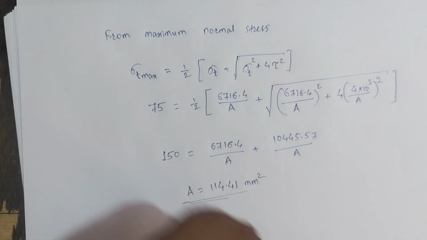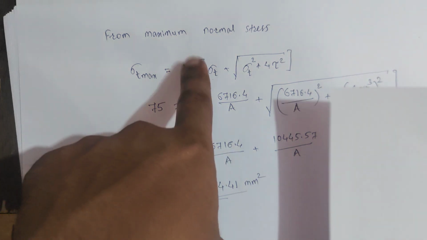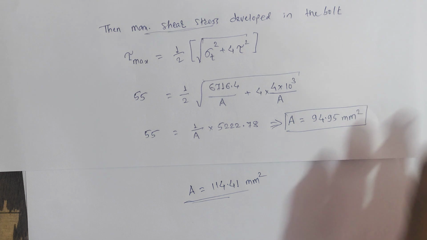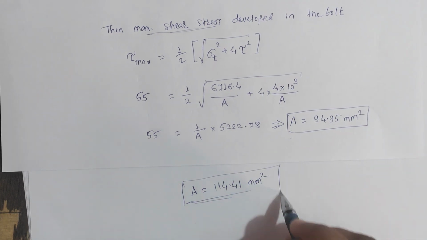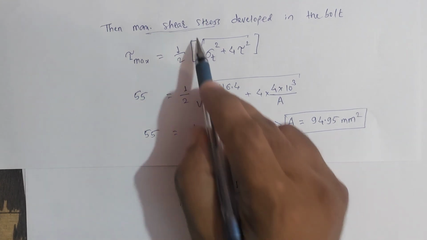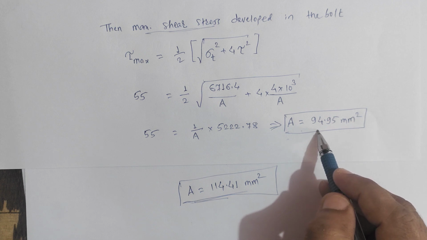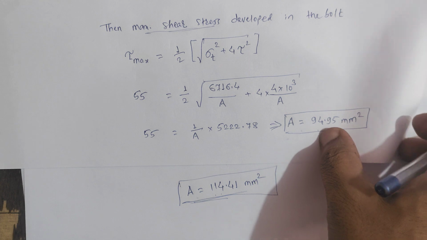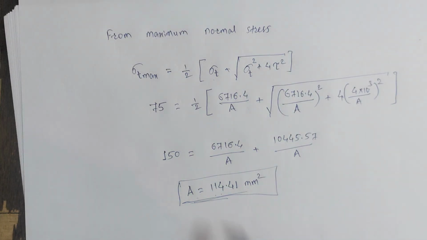So we have received the area from the maximum normal stress and from the maximum shear stress. So we have to consider whichever is the maximum. From the maximum shear stress we have received 94.95, and from this we have received 114. So we have to consider the maximum area.